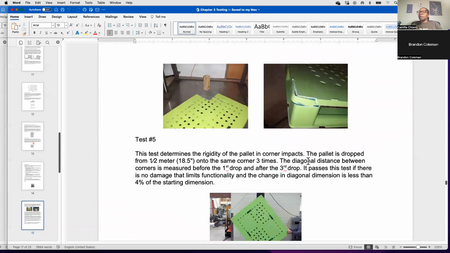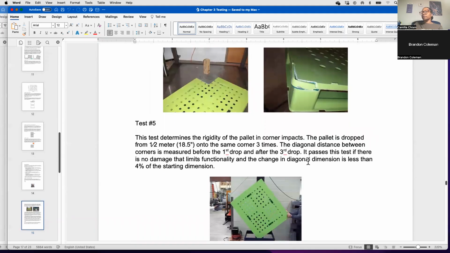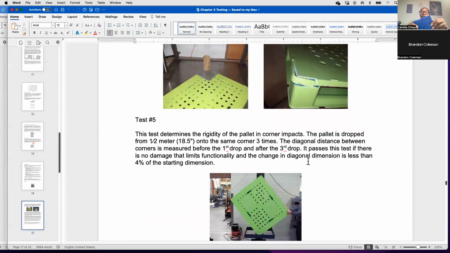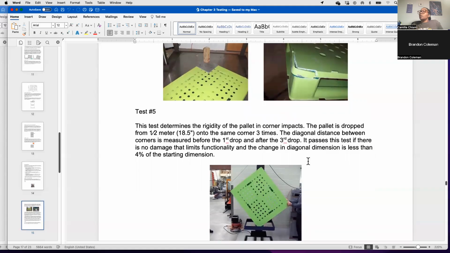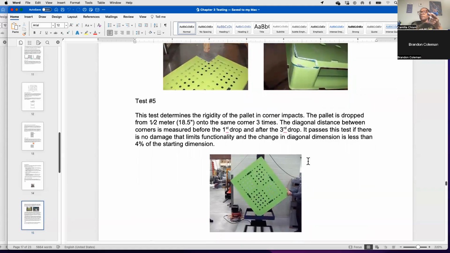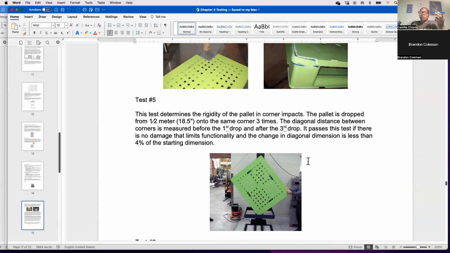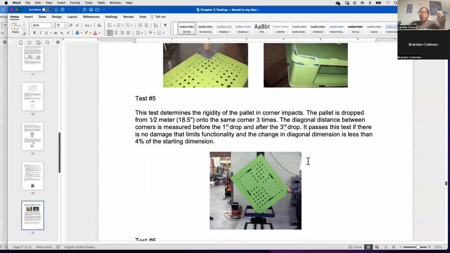Number 5 is going to determine how rigid the pallet is in the corners. Because as you know, corners are taking up a lot of the strength, but you also want to make sure that when the fork trucks come in, the chance of the forks hitting those corners is fairly high because the fork trucks don't have much space to work with. You're using plastic bins, totes, but sometimes you are going to be using corrugated boxes depending on what the part is.